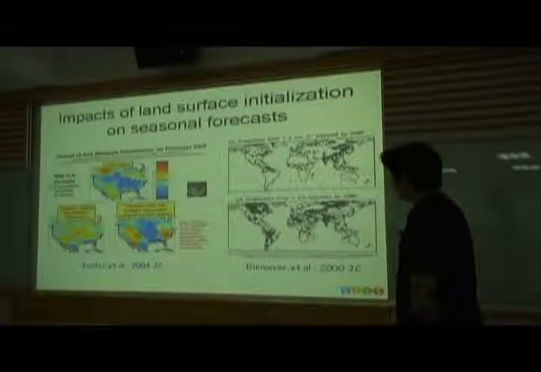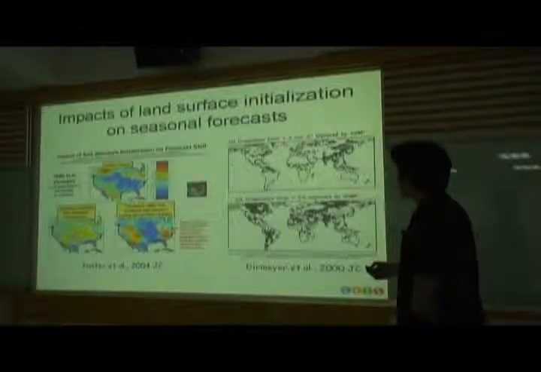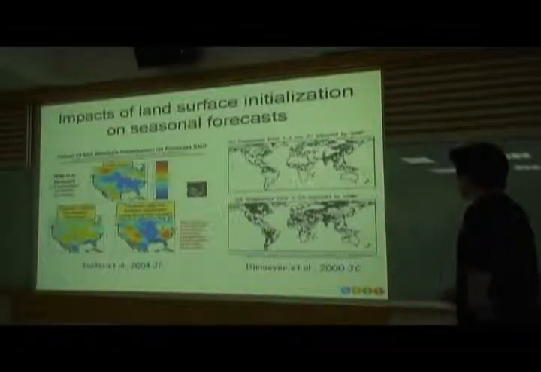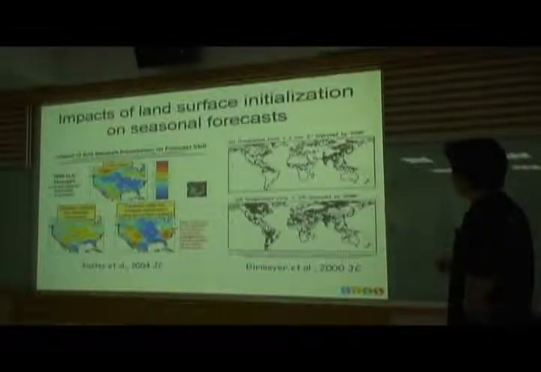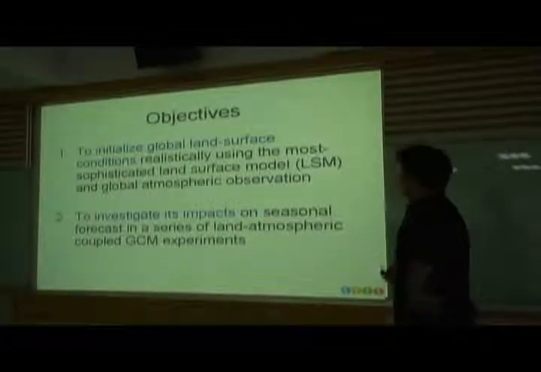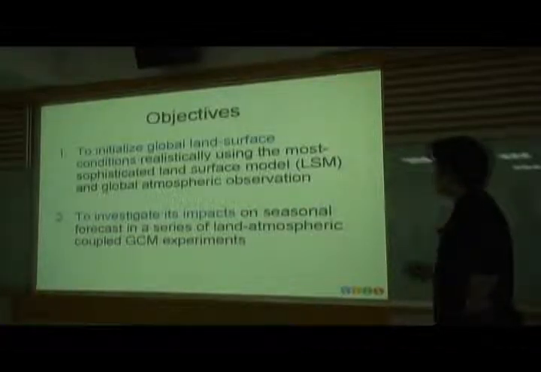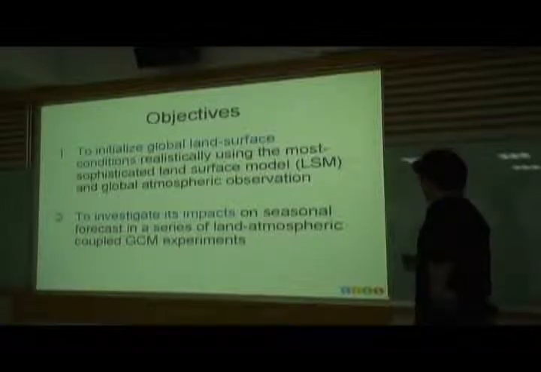This is a sample of promising results by Koster and Mahanama. Koster successfully predicted the drought of 1988 in the US with initialized land surface conditions. Mahanama tested the global influence of the initialized soil moisture, and the errors in precipitation and temperature prediction were reduced significantly. So in this research, I also try to initialize global land surface conditions using a land model and atmospheric observations, and I investigated its impact on seasonal forecasts in a series of land surface GCM experiments.